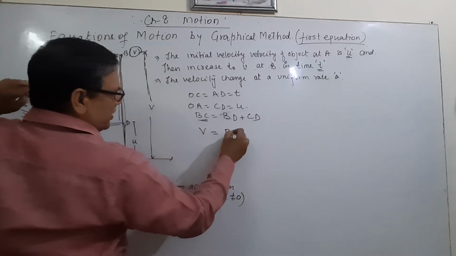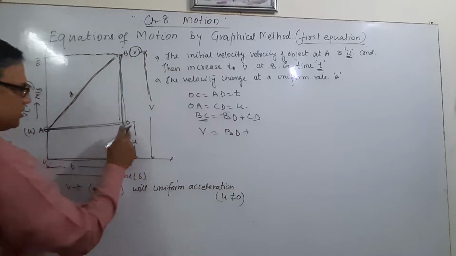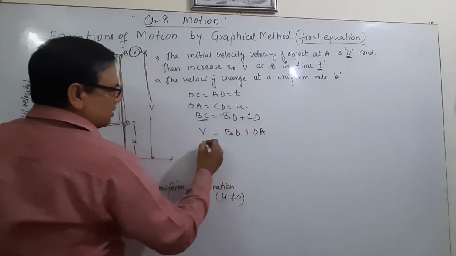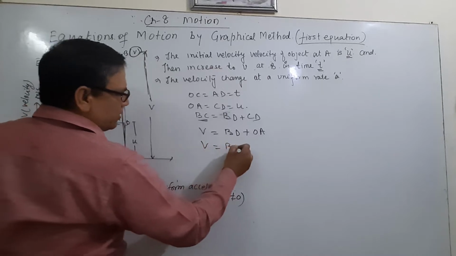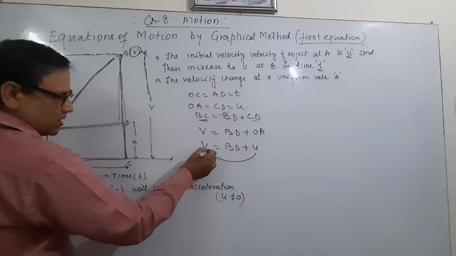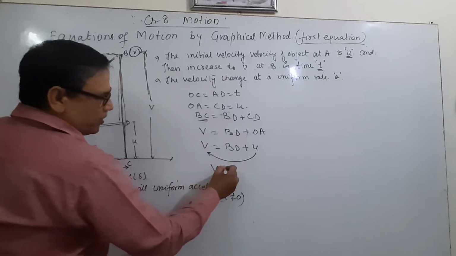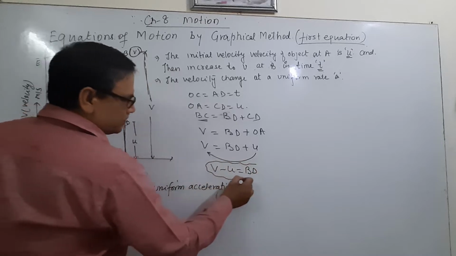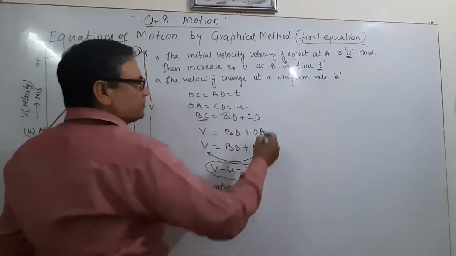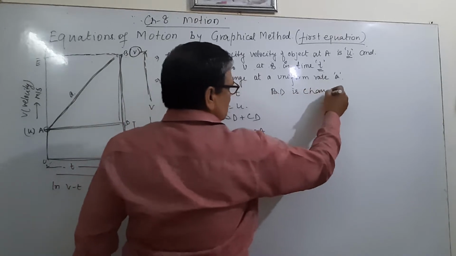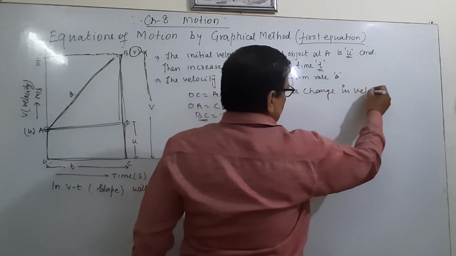So v is equal to BD plus CD, which is equal to OA. So v is equal to BD plus u, and we will change the sign. So v minus u is equal to BD. So what is BD? BD is the change in velocity.